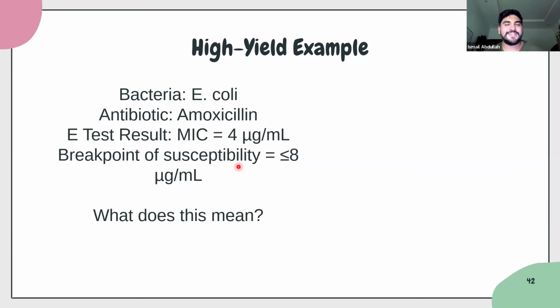Did you get it? So basically, Ismail, what you're saying is that if we are using a concentration that is higher than the breakpoint itself, then there's a possibility that the bacteria is developing resistance. Yes, the bacteria is developing resistance.